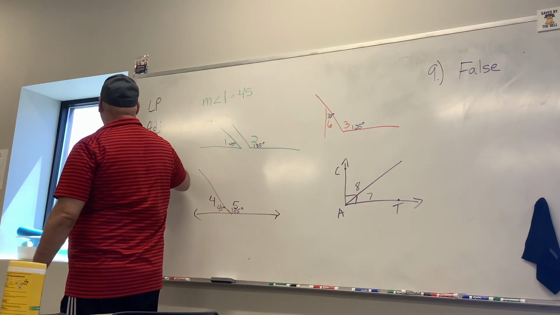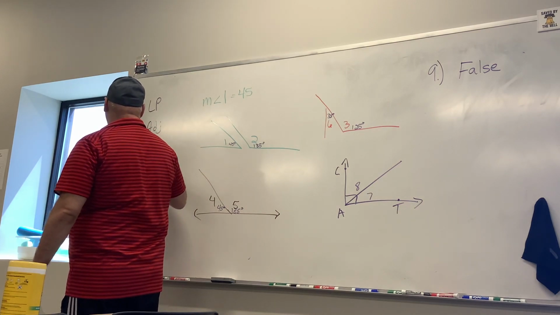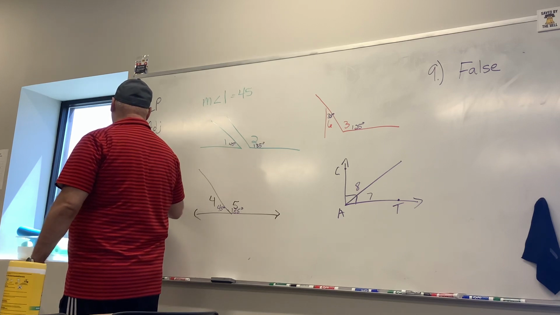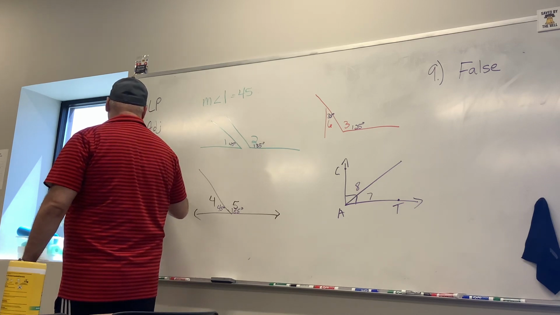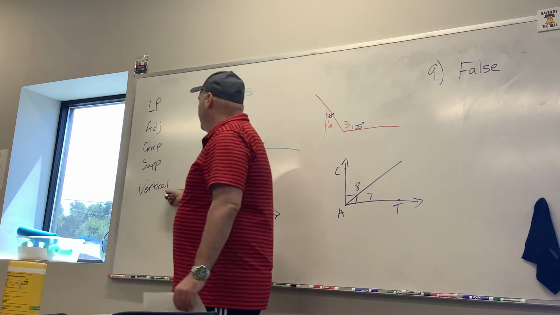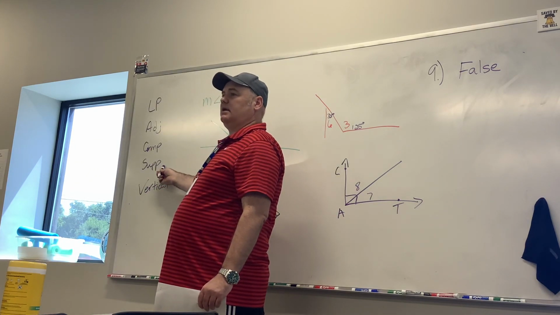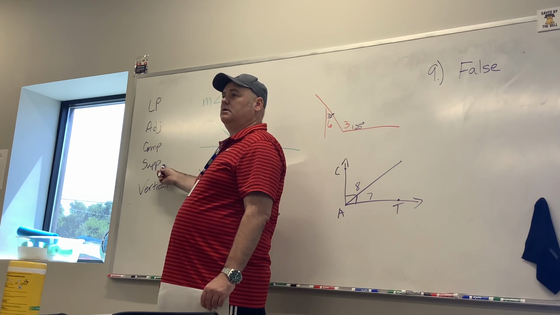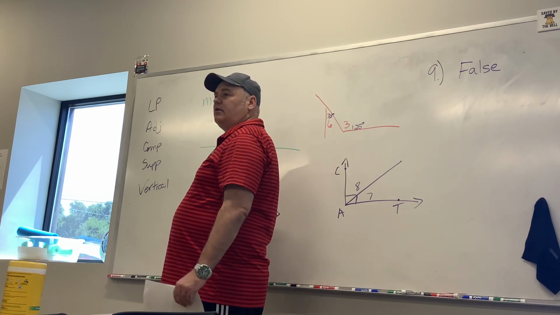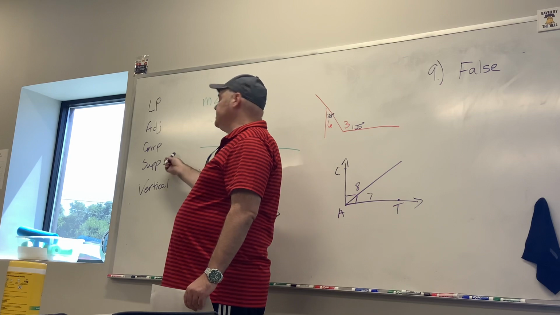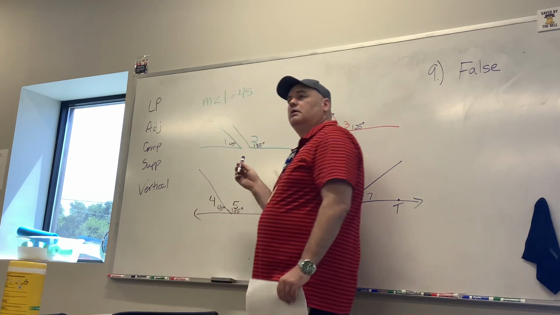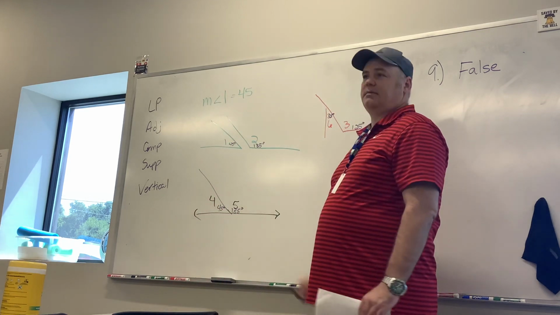We also did complementary, supplementary, and we did vertical. Now, the one you missed yesterday was vertical. But remember the definition of supplementary is they just have to add up to 180. They don't have to be adjacent. And so that would fall in the category of supplementary. They do add up to 180, and they're not adjacent, so they could be supplementary.